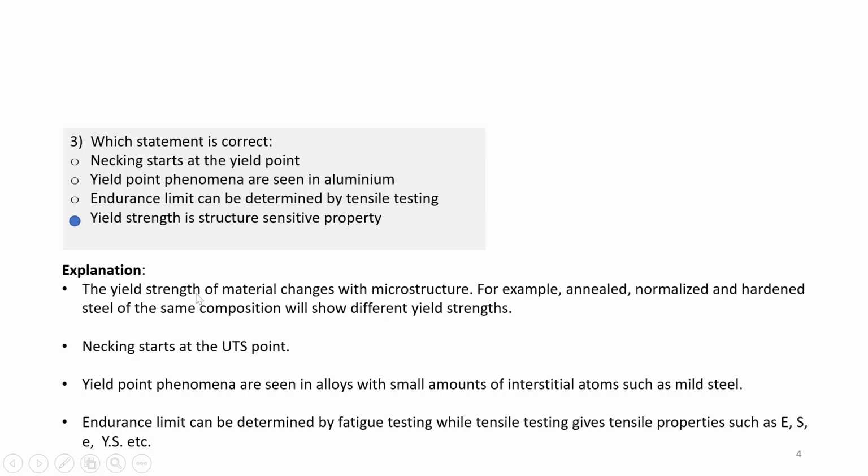The yield strength of a material changes with microstructure. For example, annealed, normalized and hardened steel of the same composition will show different yield strengths. Necking starts at the UTS point, and yield point phenomena are seen in alloys with small amounts of interstitial atoms such as mild steel.